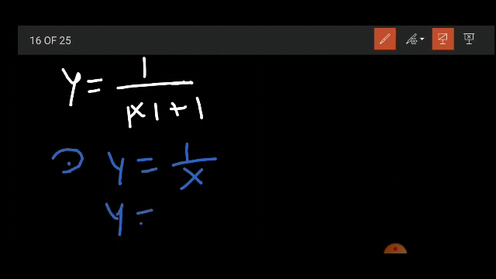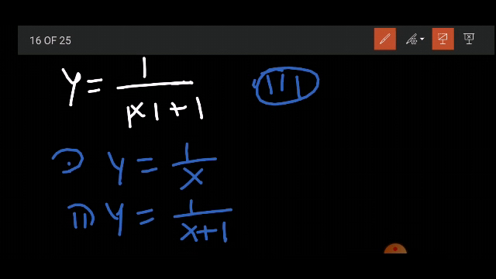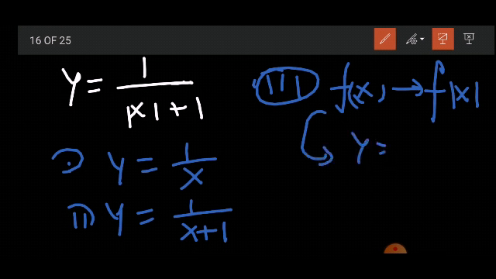Then by simply shifting, as in transformation 1 we have discussed, y equal to 1 upon x plus 1, step 2. And in step 3, we have to graph f of mod x, as f(x) is given. So from f(x) we will make the transformation of the f of mod x type. In this way, we get y equal to 1 upon, wherever there is x, you have to make it mod x.